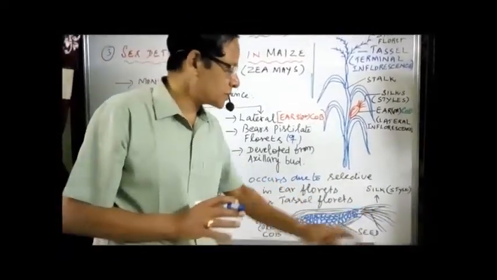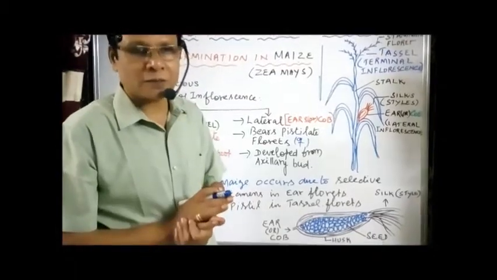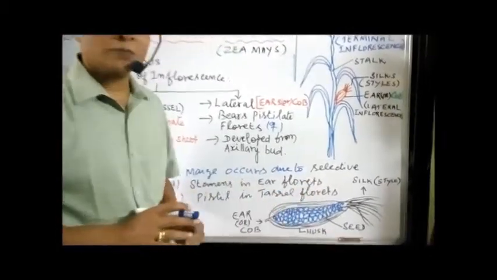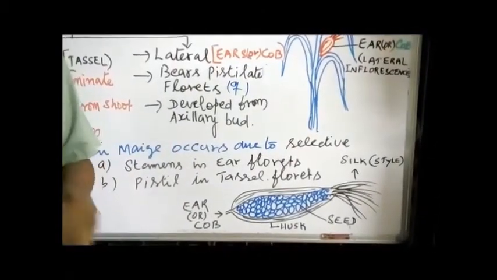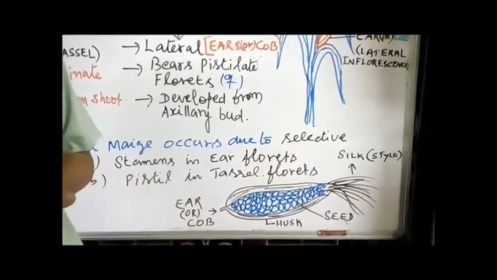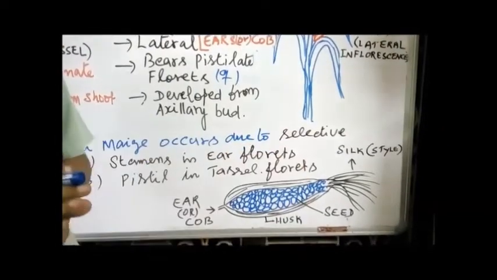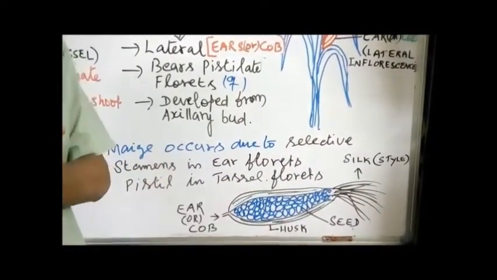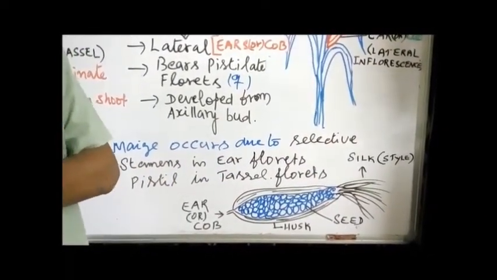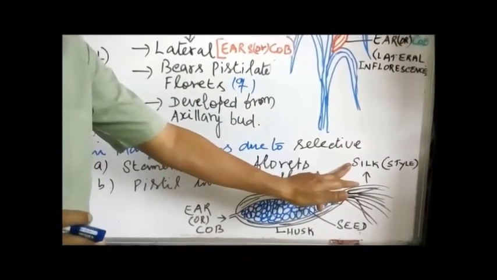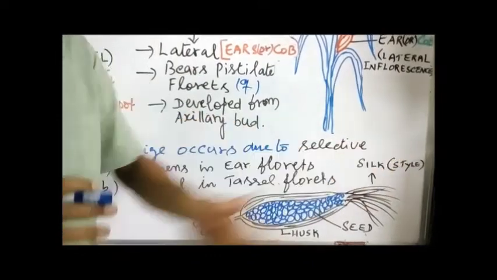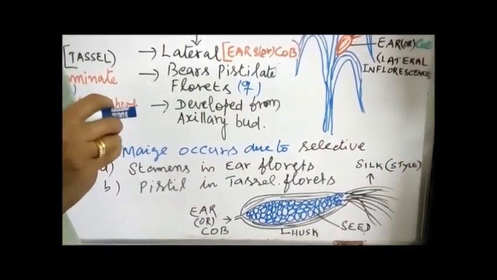So these fibers represent the styles, because we have many ovaries, many flowers or many florets. Each one has an ovary, and each ovary is connected to a style. The styles are long, fine, thread-like, shiny structures. Hence the name silk. The word silk refers to the long, thread-like style leading towards the ovary.